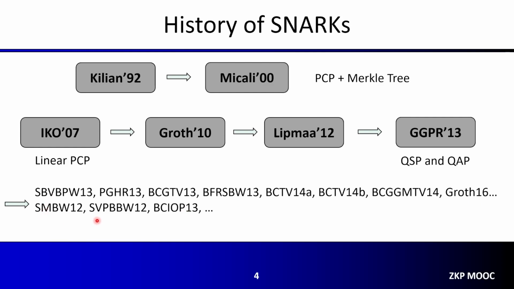Another line of research has built SNARKs based on the original linear PCP construction. In these two papers by Setty et al., they have the SNARK systems called Ginger and Pepper, and that was also one of the earliest systems of SNARKs.